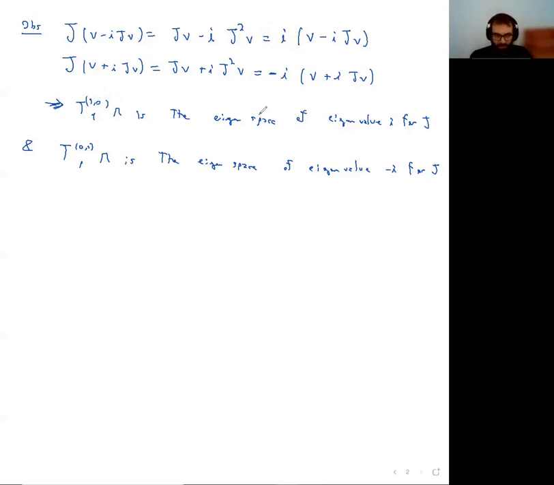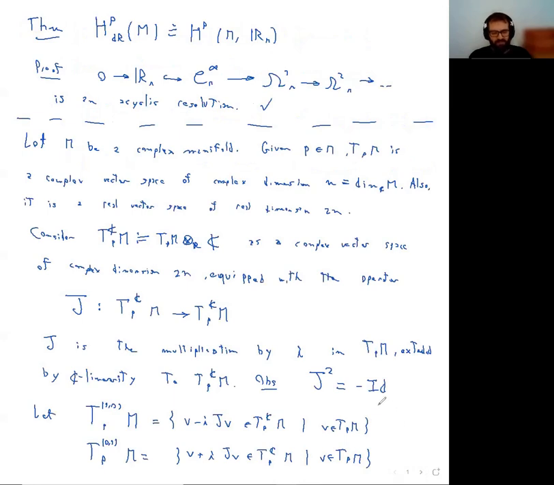Is it really the whole eigenspace? Yes, because this has complex dimension n, and this is also complex dimension n. Maybe there is an easier argument. From here you can see that the eigenvalues of J are precisely two, i and negative i, and so they must form everything. Okay, maybe that's not so obvious either.